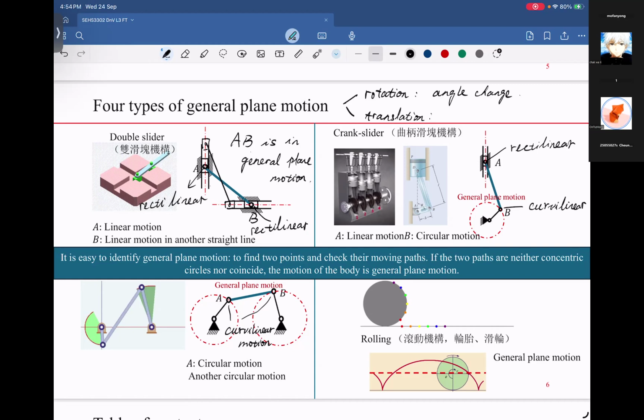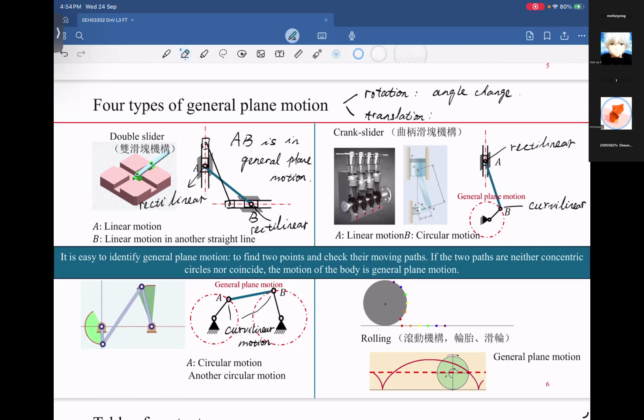The last one is different from the first three. The last one is what we call rolling. In a rolling wheel, this wheel is experiencing a general plane motion because, for one thing, it rotates about its center. For another, it has a position change.